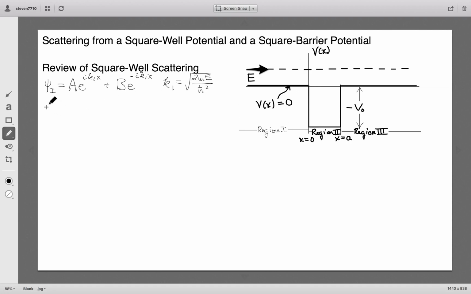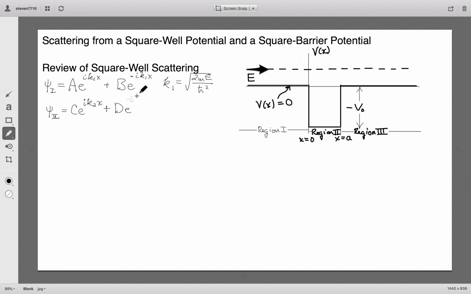In region 2, a little bit different. The energy is different, right? Because you have the kinetic energy of the particles, but you also have a non-zero, a negative potential energy. So that still has free particle wave functions, but we have a different wave number because we have a different energy.